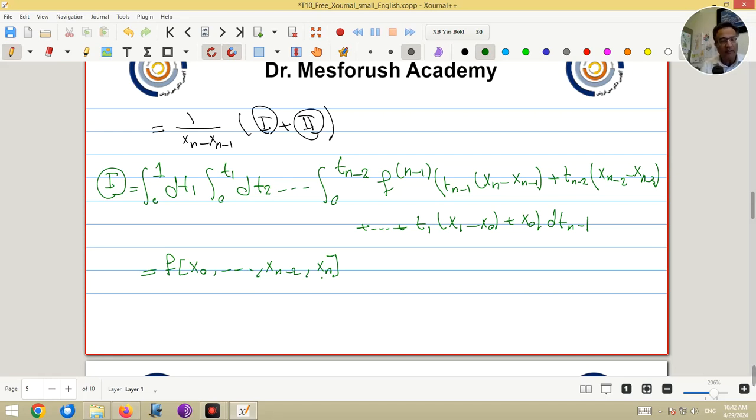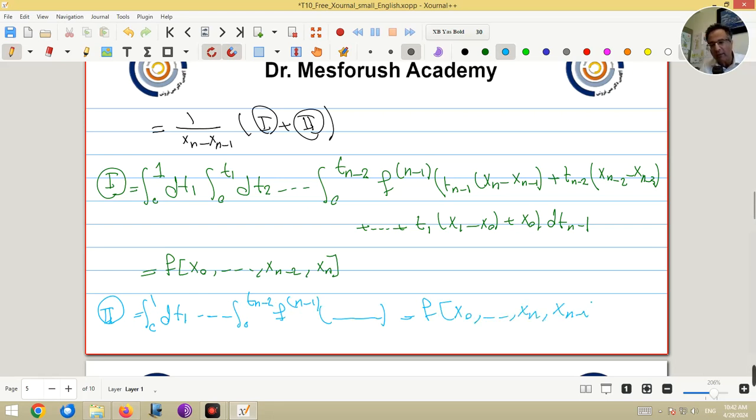And in the same way you can compute 2, the integral from 0 to 1 dt1 and 0 to Tn minus 2 of Fn minus 1, which is equal to f of x0 to xn and xn minus 1. This is true by the assumption of induction.